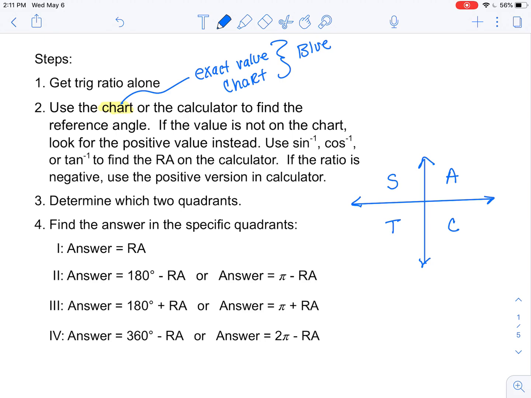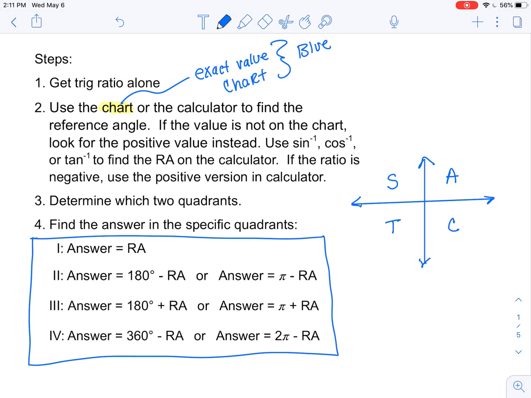And in the fourth quadrant, it's going to be 360 minus your reference angle. So you're going to refer back to this to find your actual angles. So the three things you need to know: your reference angle, your quadrants that you're finding your solutions in, and then how to find those solutions.